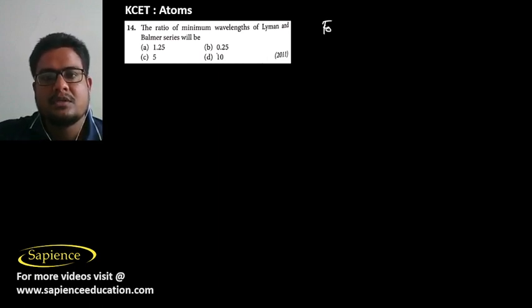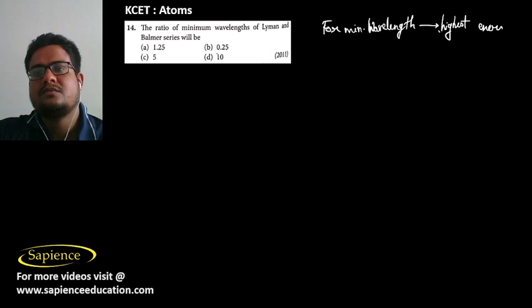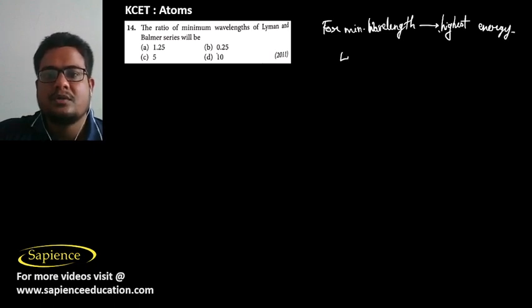Minimum wavelength corresponds to the highest energy of transition. For Lyman, the highest energy transition will be when the electron goes from n equals infinity to n equal to 1.